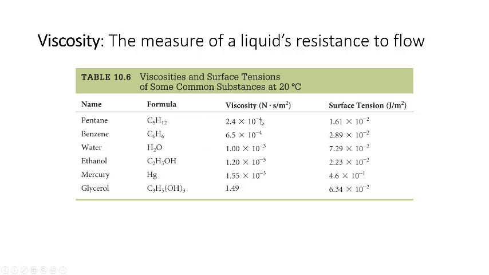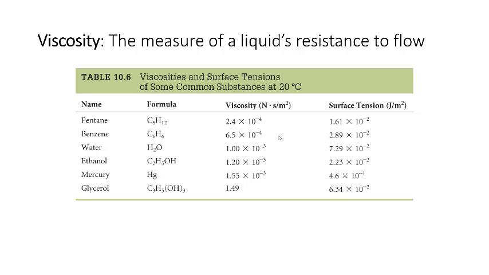So the higher the viscosity, the more resistance there is to flow. So the thicker the material, the higher the viscosity. So honey is a very high viscosity. Water is a very low viscosity. Air is an even lower viscosity. Okay, any sort of fluid. So whether you're talking about liquid or gas, you can measure that with viscosity.